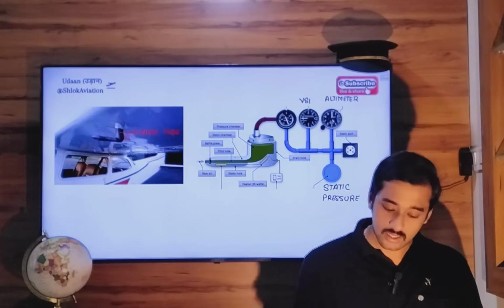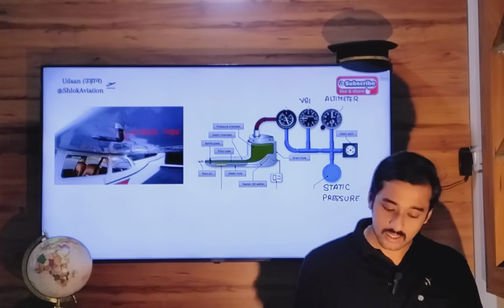This relative airflow creates an impact pressure in front of the pitot tube. This impact pressure is nothing but your dynamic pressure, and this dynamic pressure is proportional to the airspeed reading shown on your airspeed indicator.